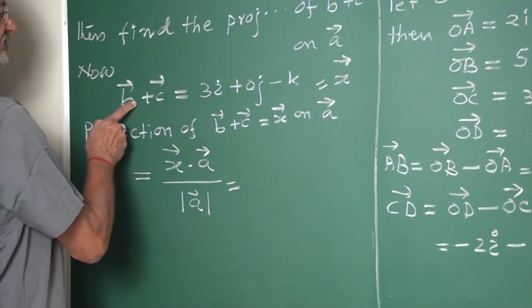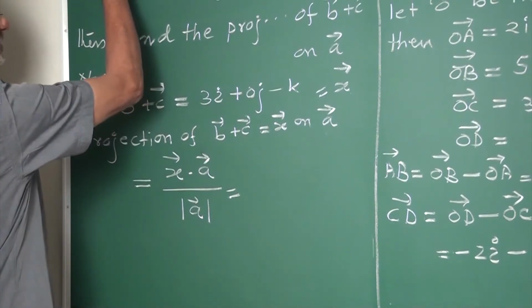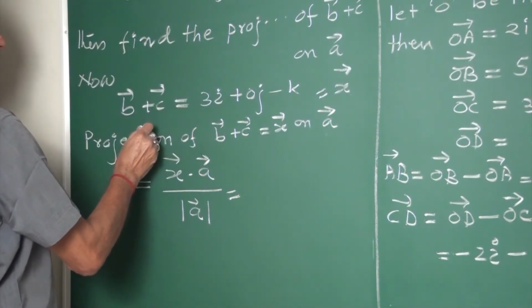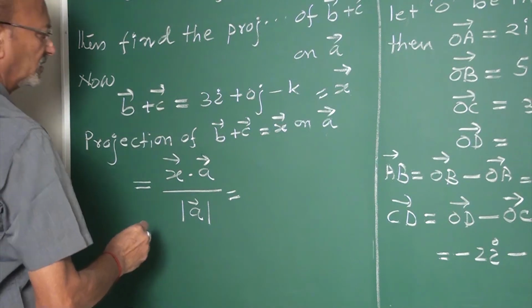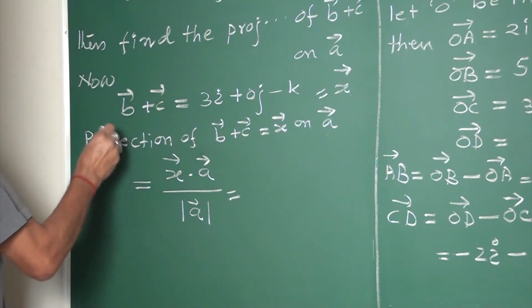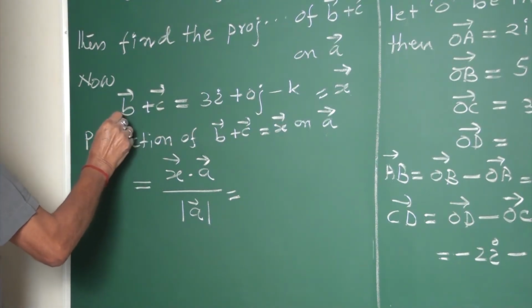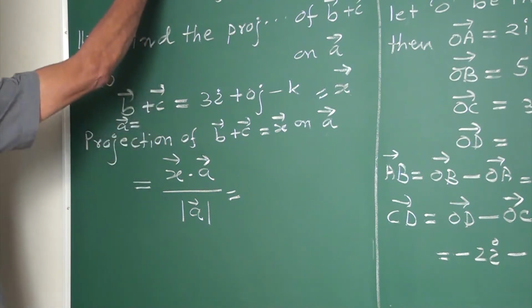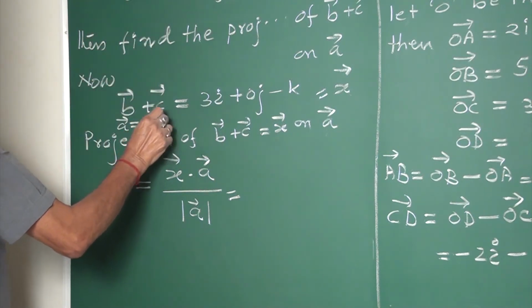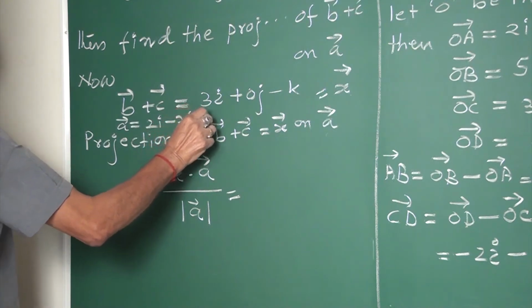B plus C is this. Vector A is 2i minus 2j plus k.